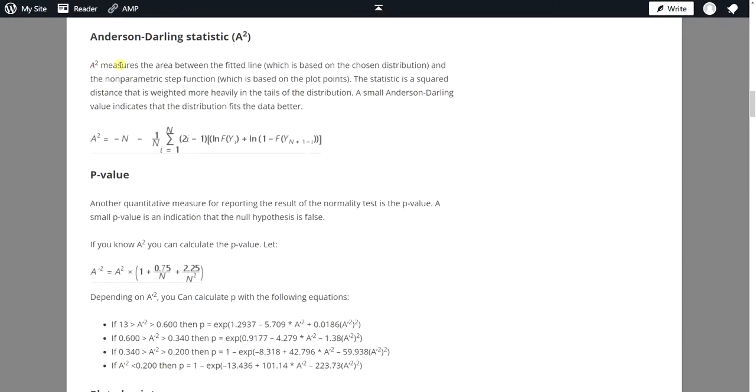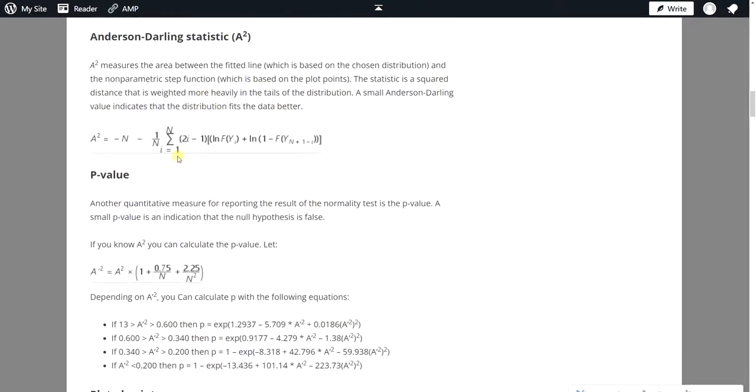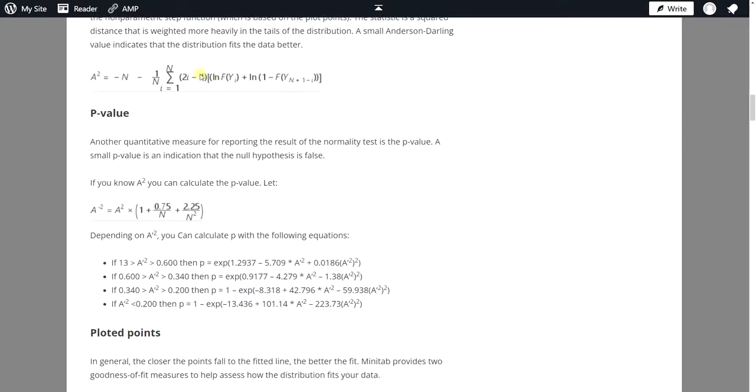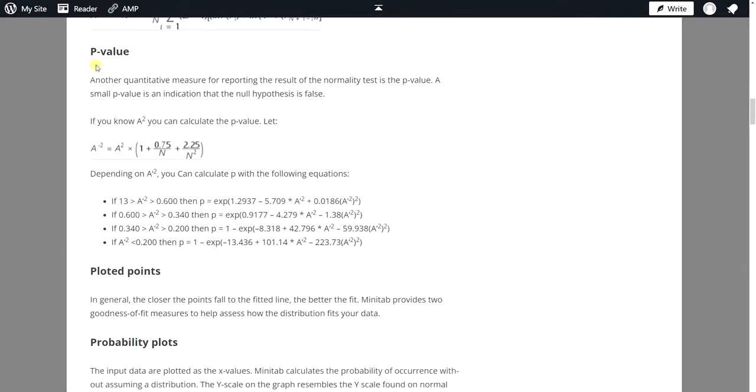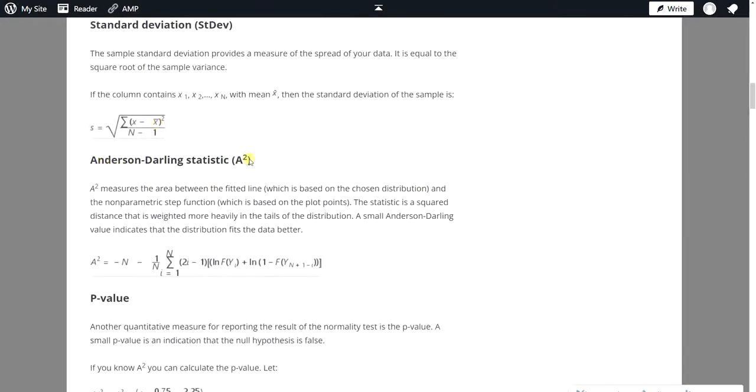A square here measures the area between the fitted line, which is based on the chosen distribution, and the non-parametric step function. We'll see in a while what this means exactly, and I don't want to get into too much detail here. Then the p-value is calculated based on A square, right?